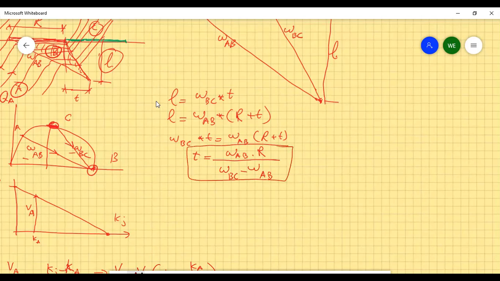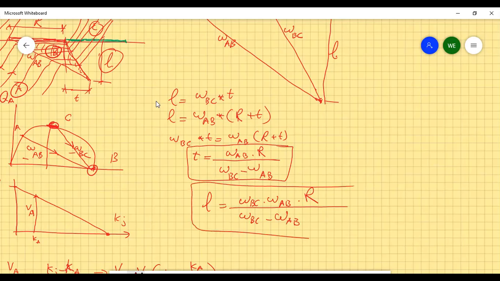So L, the length of the Q, equal omega BC multiply T. So L, just multiply this T by omega BC. So it's omega BC multiply omega AB multiply R divided by omega BC minus omega AB. So that's the length of the Q. That's the number of vehicles in the queue.